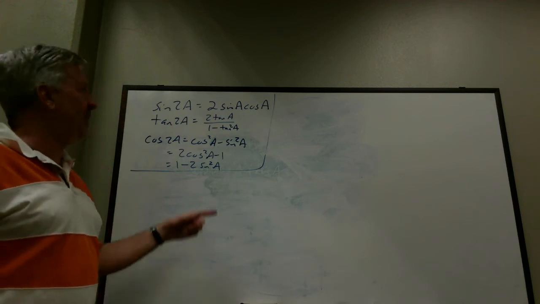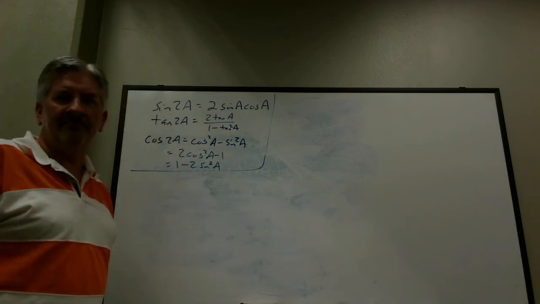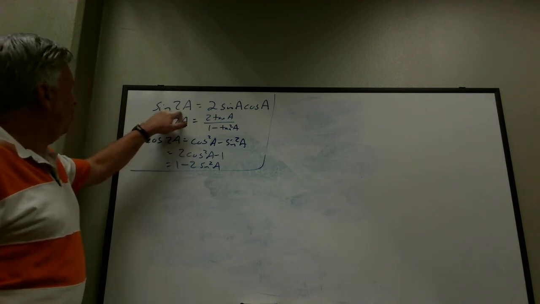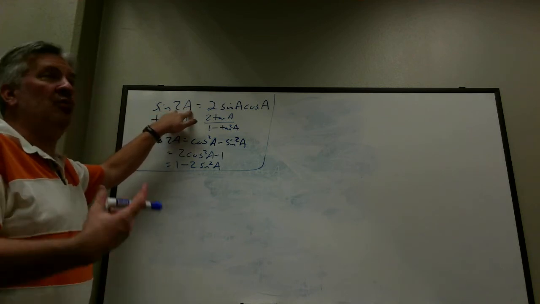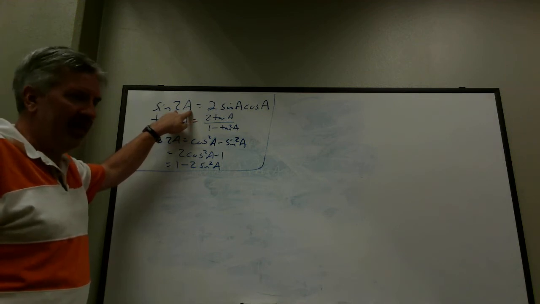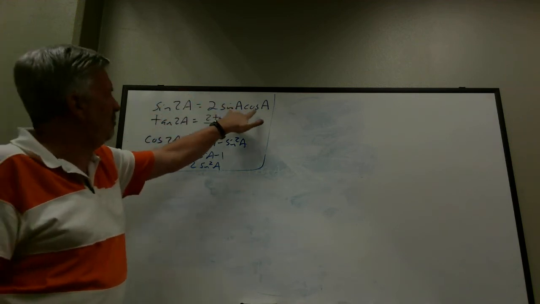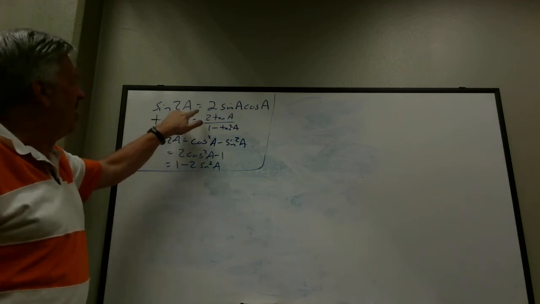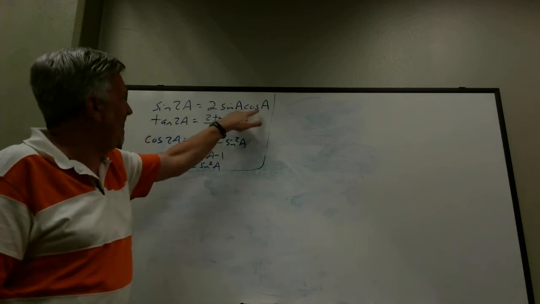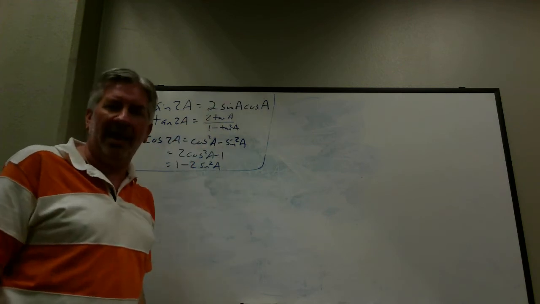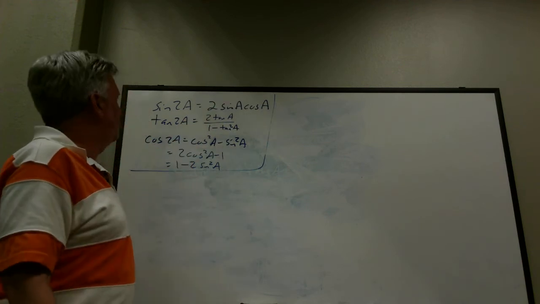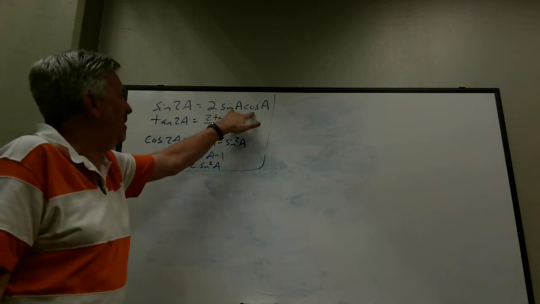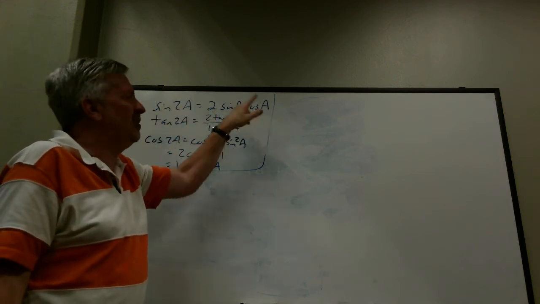But you don't know anything about the angle double, 2A. Well, if a problem asks you to find sine of 2A and you knew nothing about the angle 2A, this is equal to this. So to answer this question about 2A, you could rewrite this in terms of A, and then maybe you know a lot about A. So you're rewriting this question, I want to know sine of 2A, rewrite it this way, and then you can use information about A.